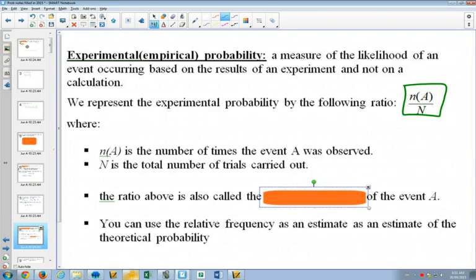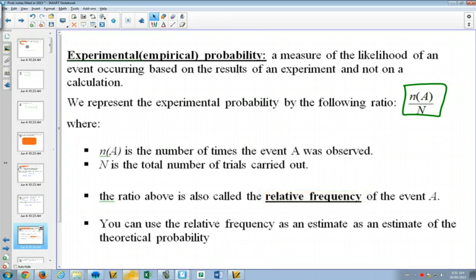Your experimental probability for heads is 8 out of 8. And that ratio is called the relative frequency of the event A. So we use that to estimate. We use that to estimate our theoretical probability.